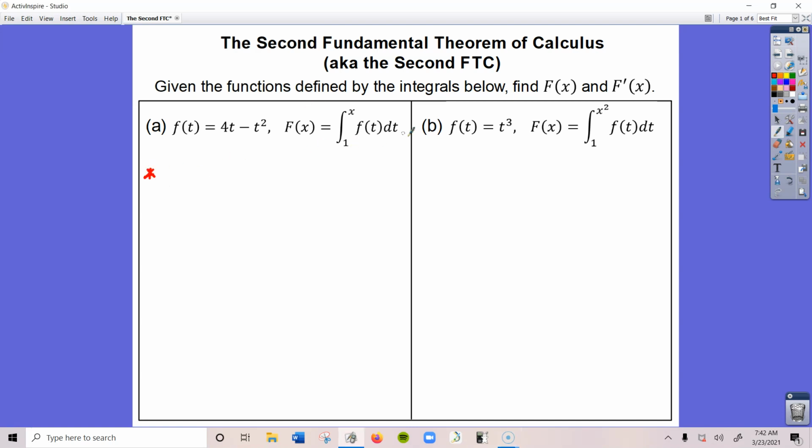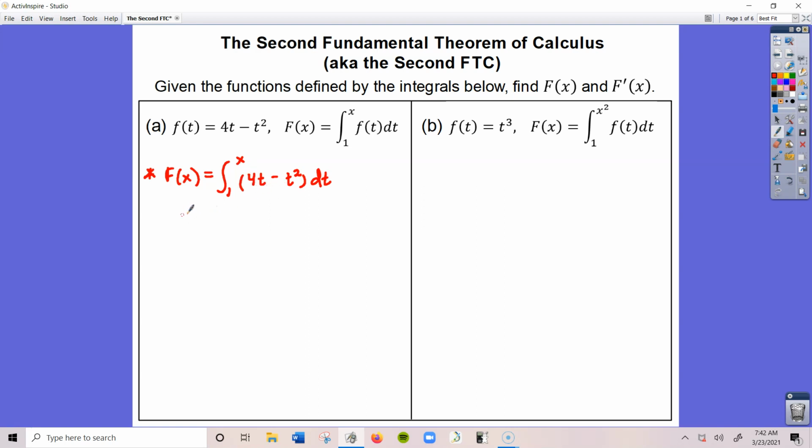So first we need to integrate this function. So F(x) is going to equal the integral of f(t) dt. So we're going to input what f(t) is equal to inside my integral here, which is 4t - t² dt.